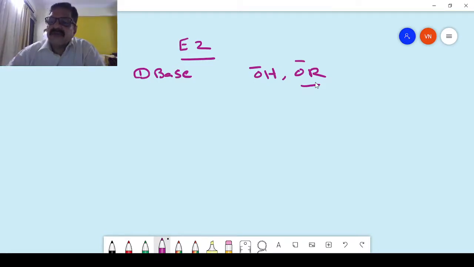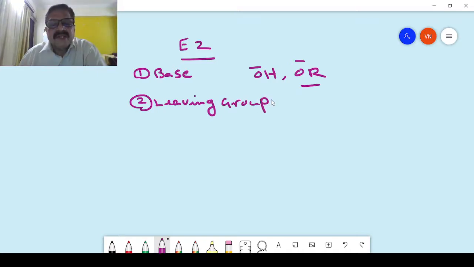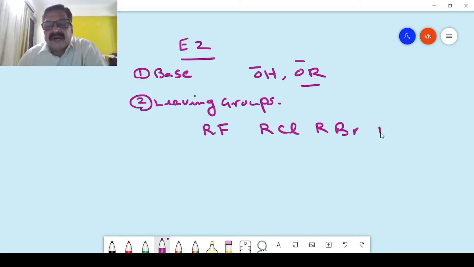Now the other one is the leaving group. Better leaving groups will favor the E2 reactions. Better leaving group, faster the E2 reaction. Suppose we see RF, then RCl, RBr, then RI, in the series here.